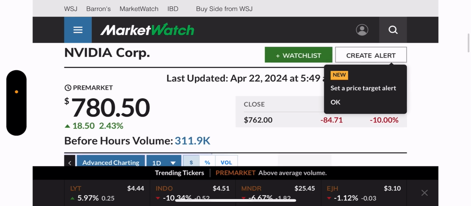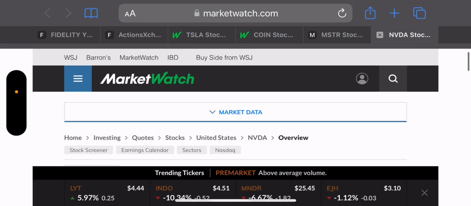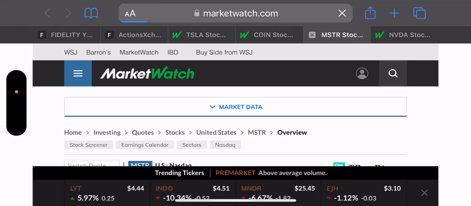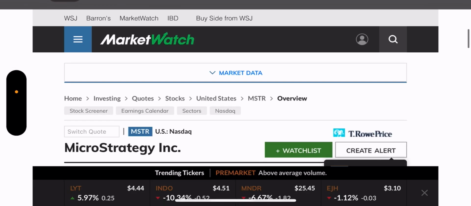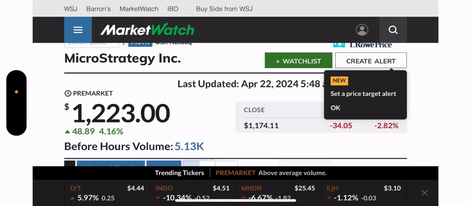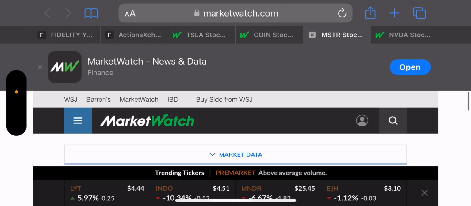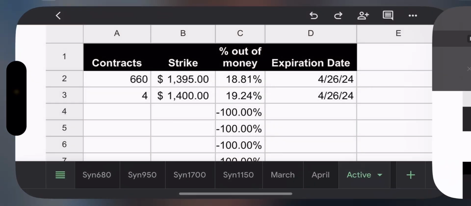It's at 780.50. So that's doing good. And then if Coin is up, you can imagine MSTY would be up. Yep, MSTY is up. Wow, 4.16% at pre-market. Again, this is at 5:48 a.m. They're at $1,223, so that's pretty good. So that's the update on the YieldMax funds.